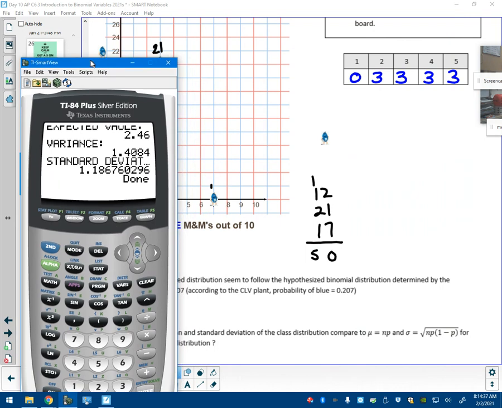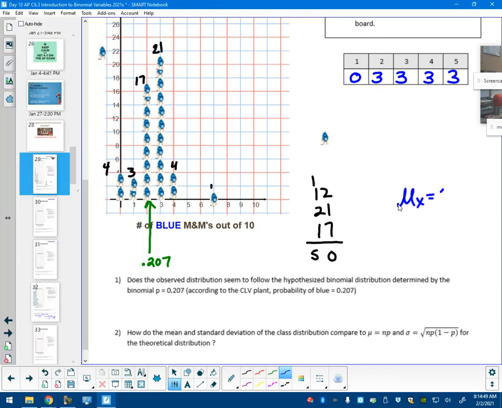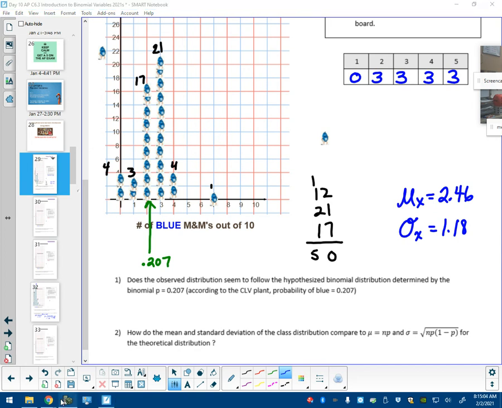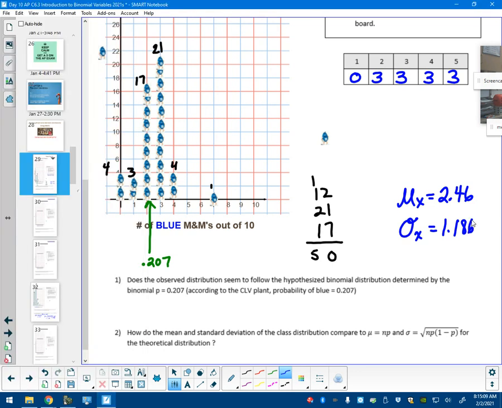I will get there momentarily. All right. So let's put mu sub x was 2.46. And what is my sigma sub x? It's 1.1867. Okay. So keep those up there for the time being.